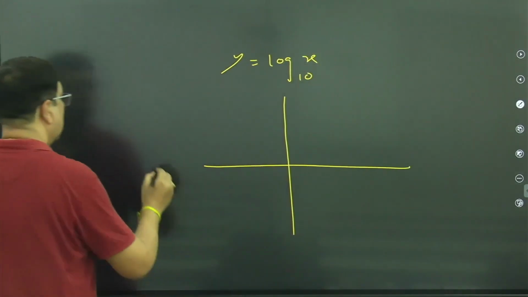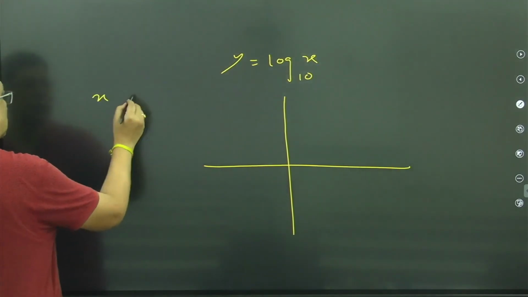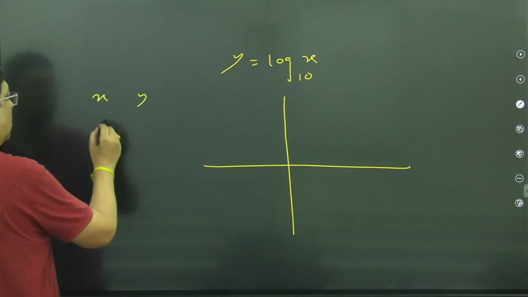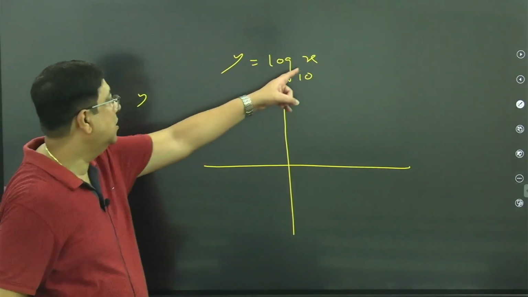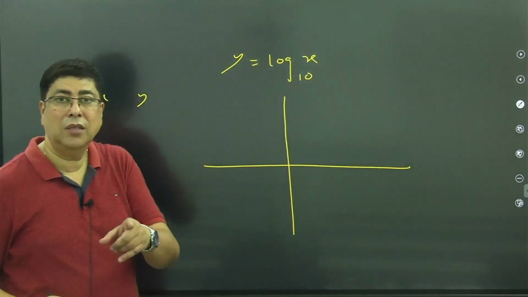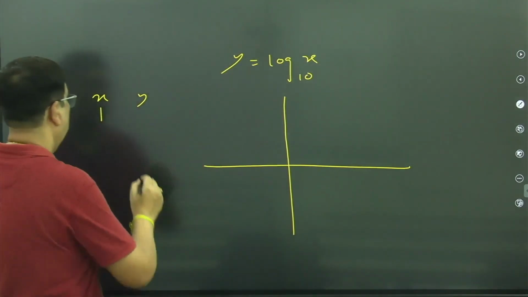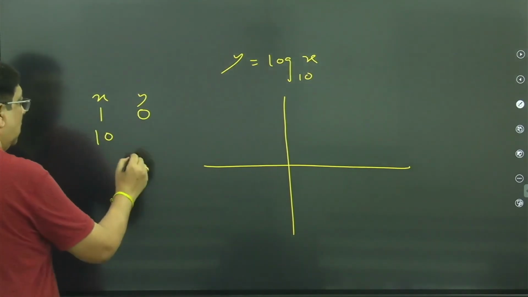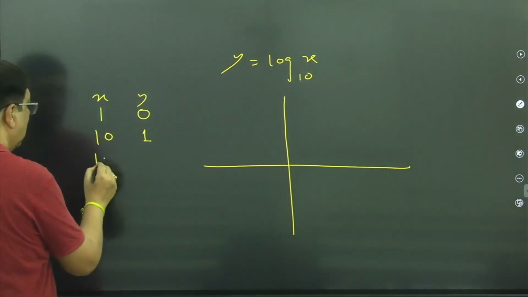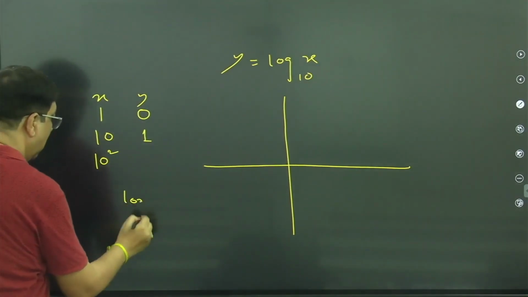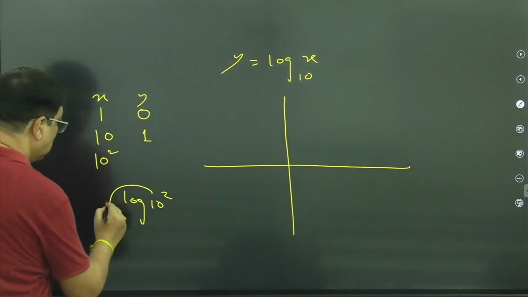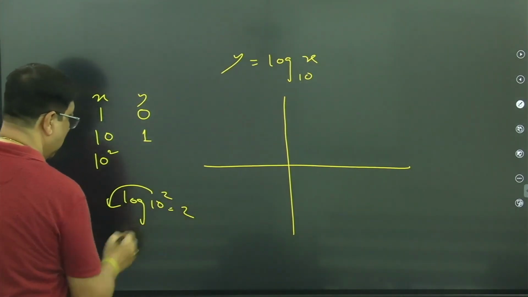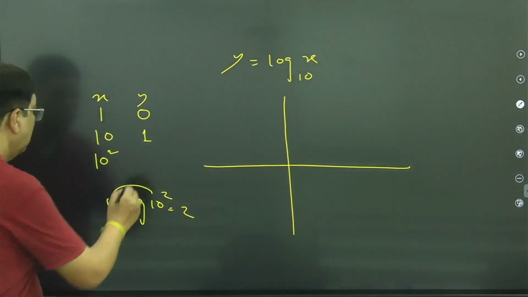Just one thing, this is x, this is y. When x equal to 1, log 1 is 0, y equal to 0. When x equal to 10, log 10 is 1. When x equal to 10 square, इसका मतलब log 10 square, power is coming out, this is coming 2.